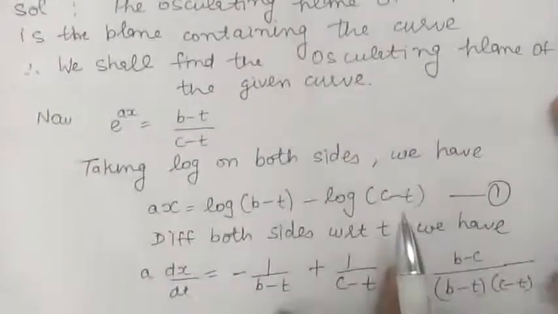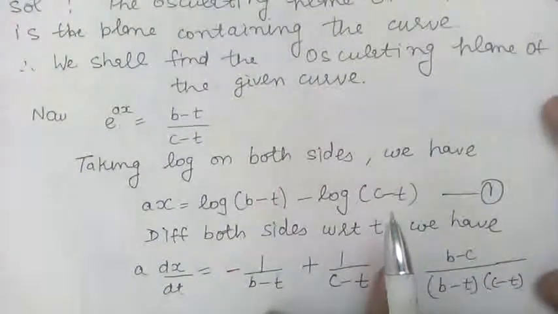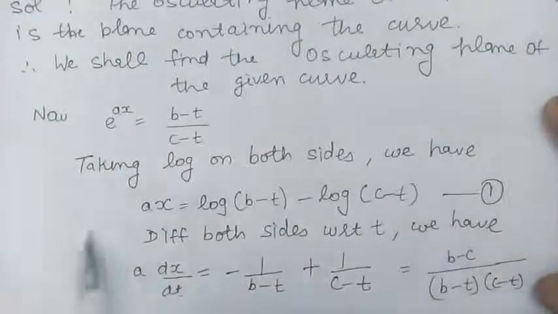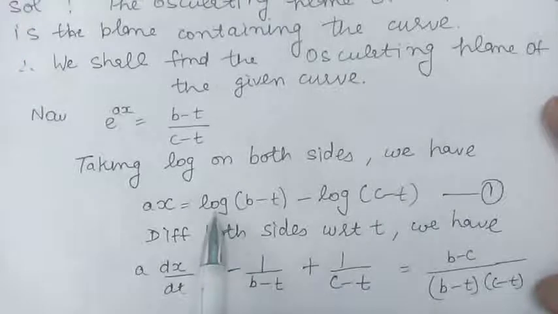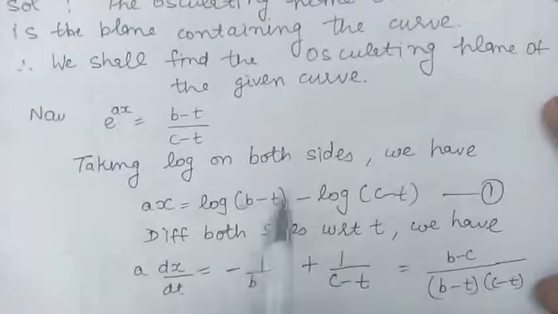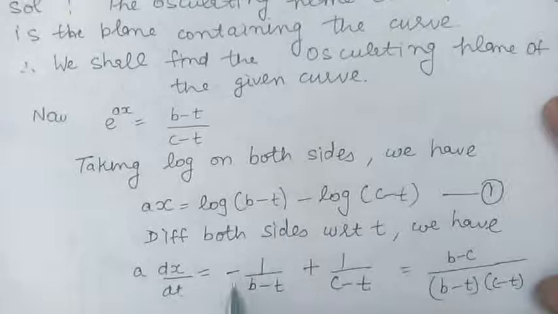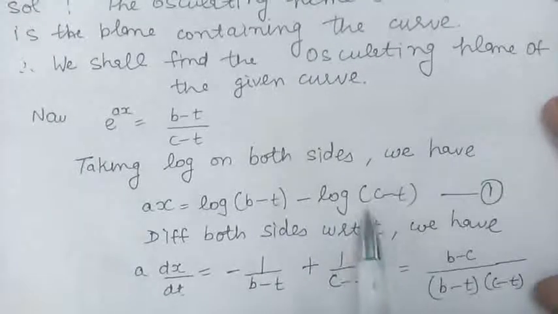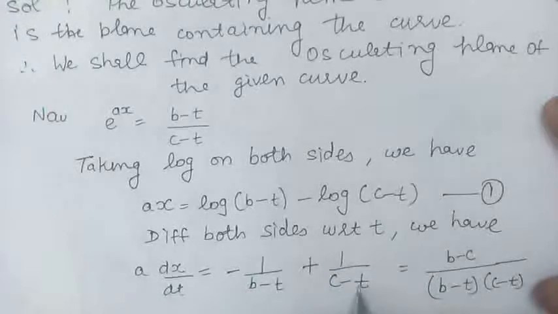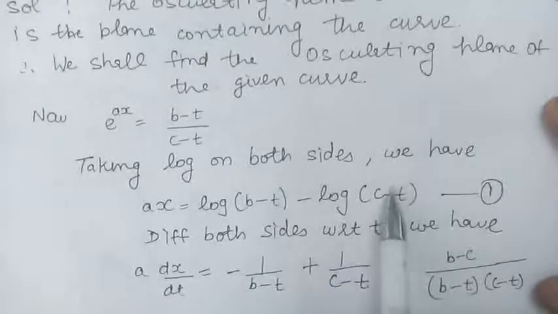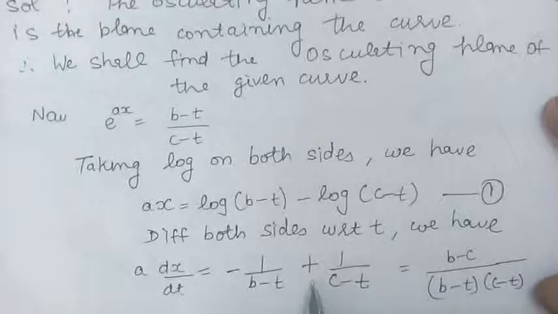Now to find its derivative, let us differentiate both sides with respect to t. So from here a into dx/dt, the derivative of log is 1 upon function, into the derivative of b − t, that will be −1. Again, the derivative of log of the function will be 1 upon c − t, and the derivative of c − t will be −1, so we get a plus sign here.